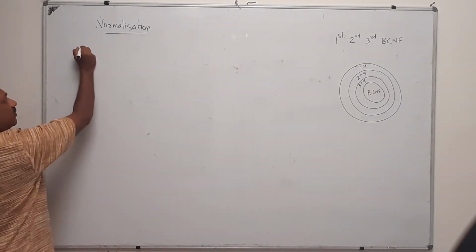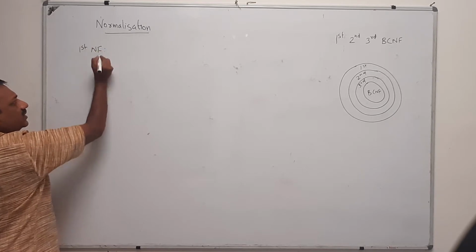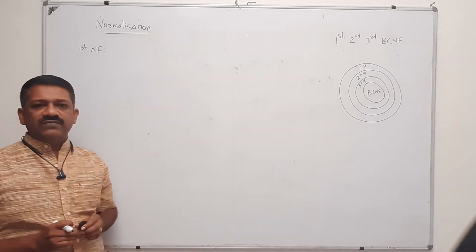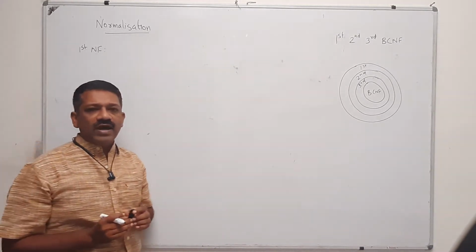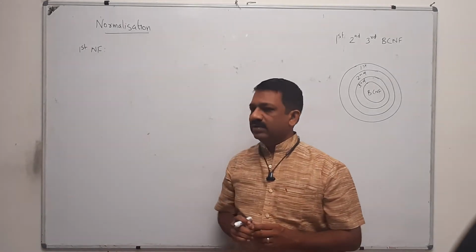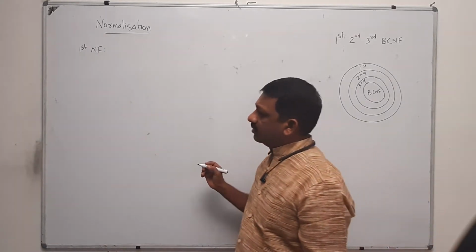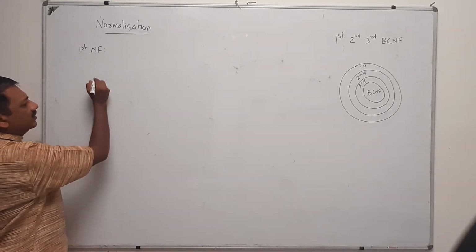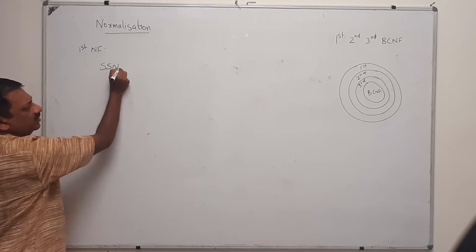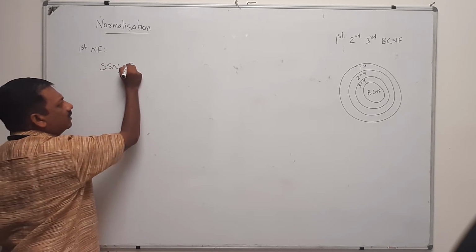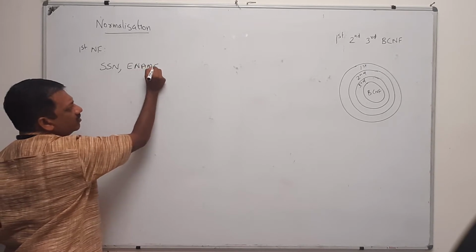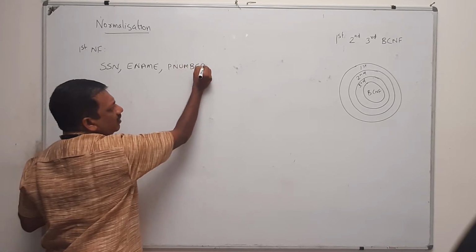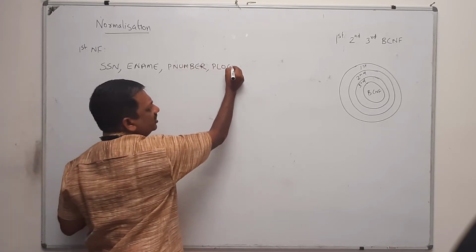The definition for first normal form: a table or relationship is in first normal form if every value is atomic. For example, suppose that you have a relationship with social security number, employee name, project number, and P locations.